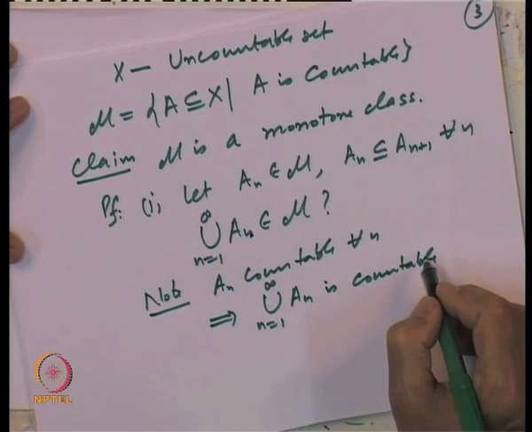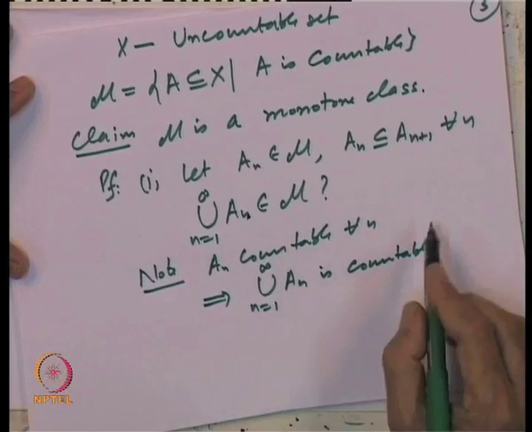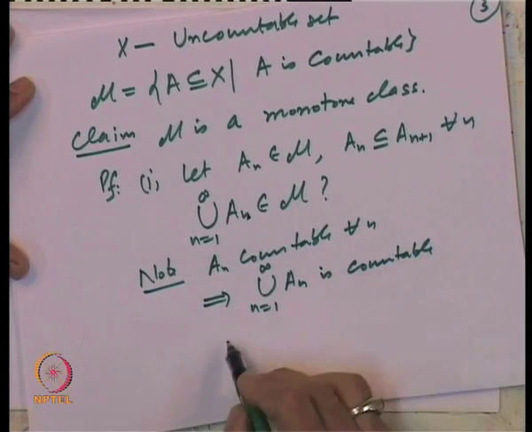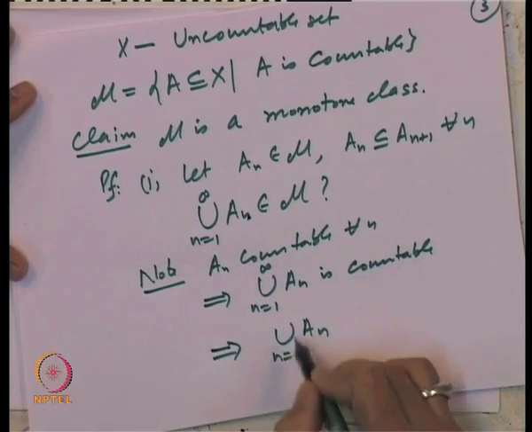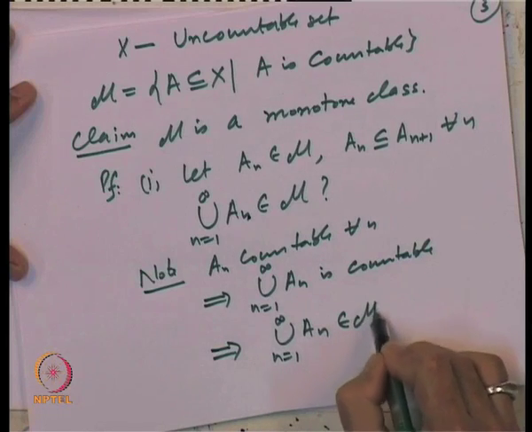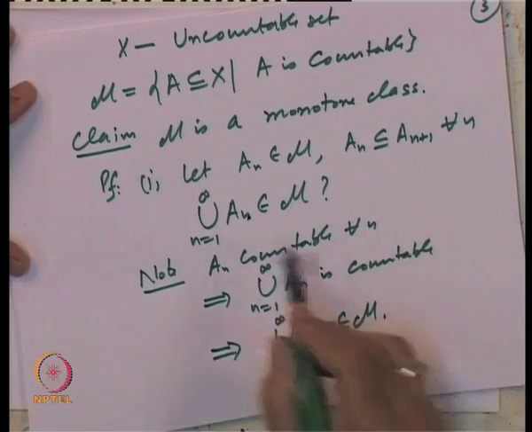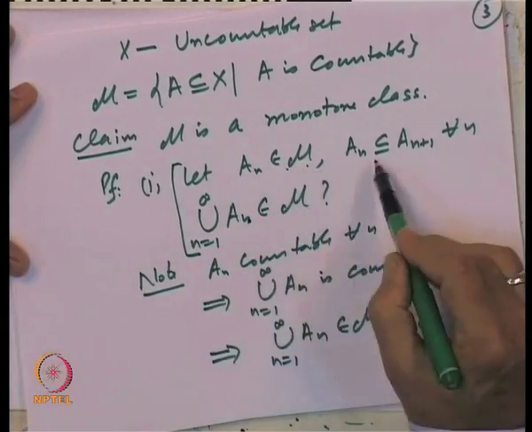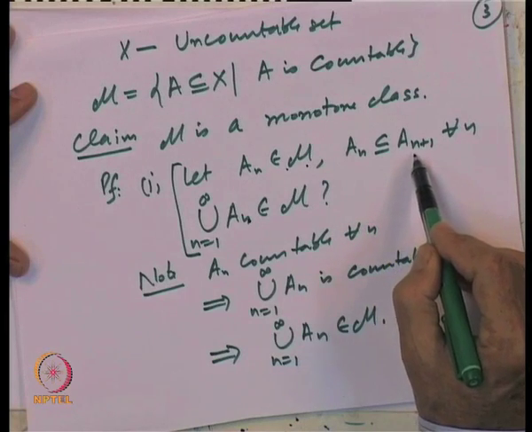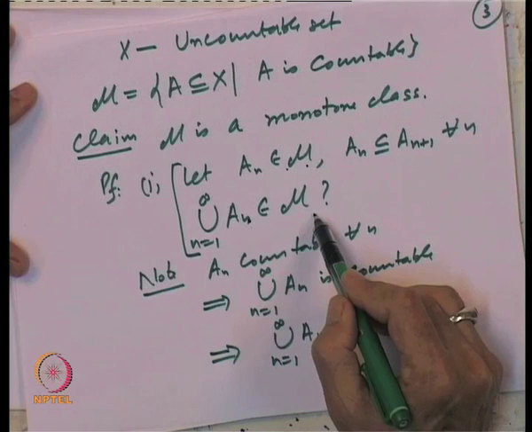Here we are using a fact that the countable union of countable sets is again a countable set, and hence the union of A_n's, n equal to 1 to infinity, belongs to M. So, the first property we have checked is that if A_n's belong to M and A_n's is an increasing sequence, then the union of A_n belongs to M.